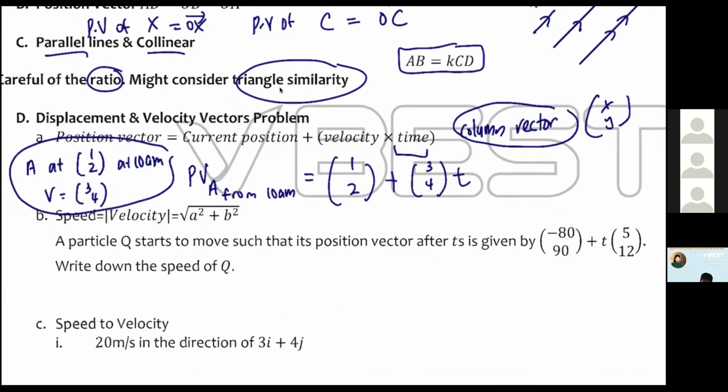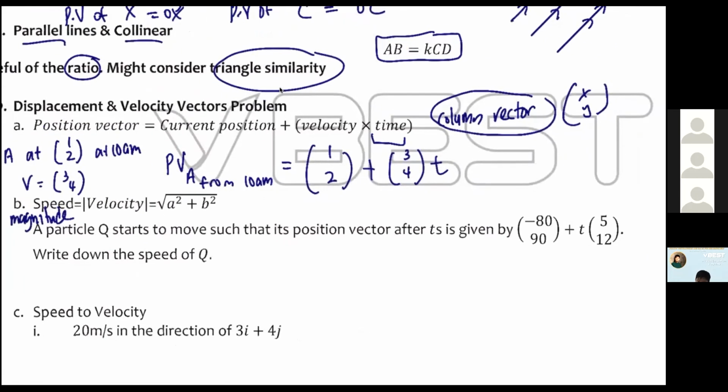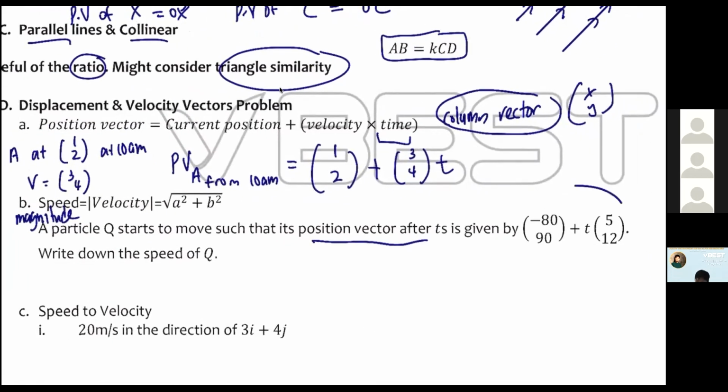Okay, then after that we have speed. How do we change velocity to speed? If you take physics, you know that speed is just the magnitude of the velocity, square root a squared plus b squared. For example, in this question, they say the position vector after t seconds is this one.